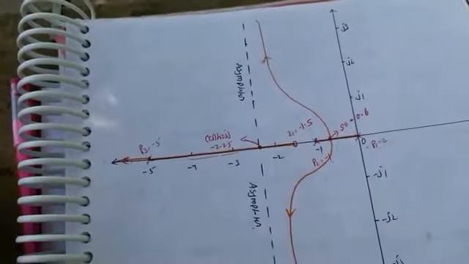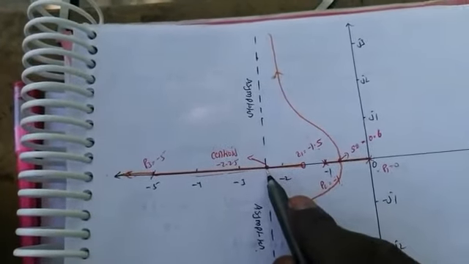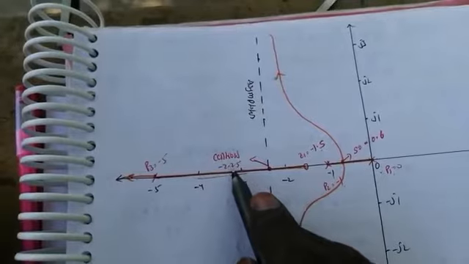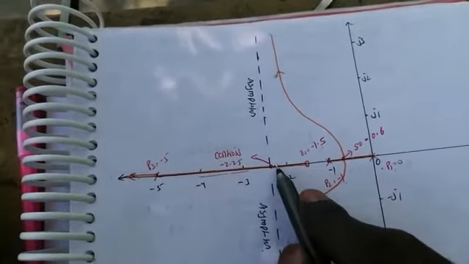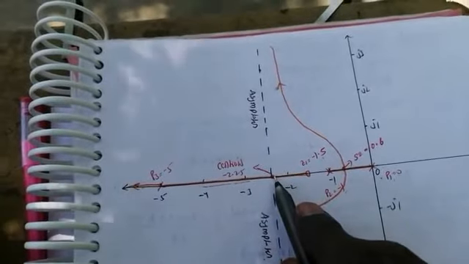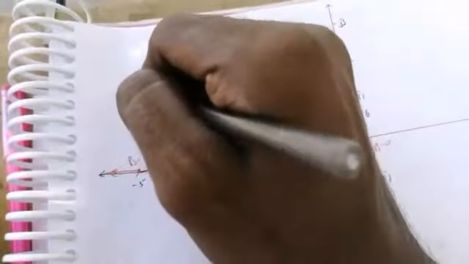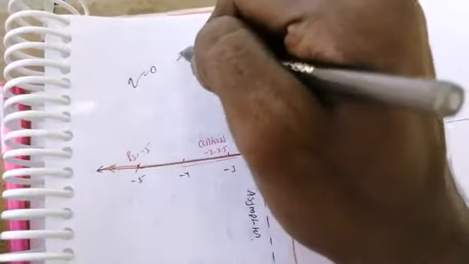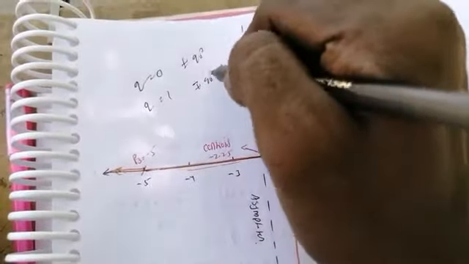Now the next step is the centroid. The centroid we found is minus 2.25. So here we have the centroid, and for the angle of asymptotes we found 2 values: when q equals 0, plus or minus 90 degrees, and when q equals 1, minus plus 90 degrees.